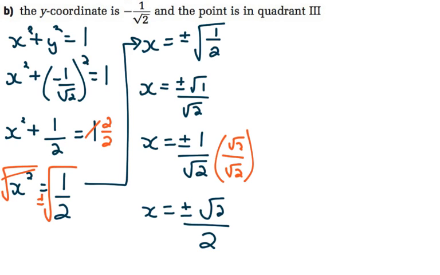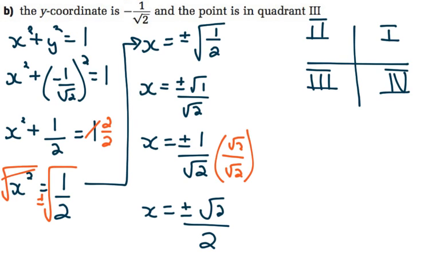Now, without the condition that the point is in quadrant 3, we would be done here. But because we have the condition that the point is in quadrant 3, one of those two answers, either the positive or the negative, will get rejected. So going back to the xy axis, where is quadrant 3? Well, quadrant 1 is top right, 2, 3, and 4.